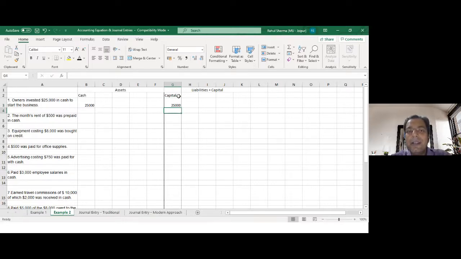The month's rent of 5,000 was prepaid in cash. So I have paid the rent as a prepaid in cash. Remember, whenever we pay any expense, our capital decreases. So the impact of this would be that I'll have minus 500 from here as rent, and I'll have prepaid expenses.